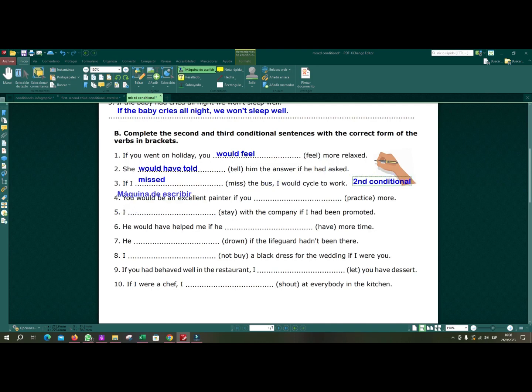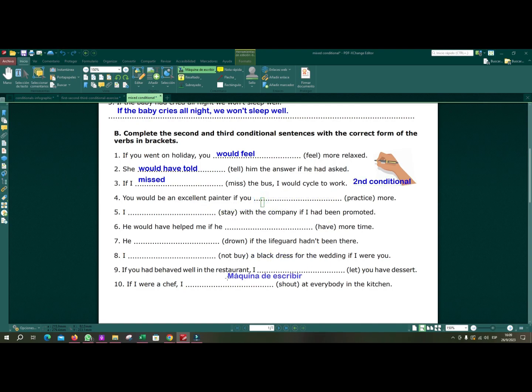So that will be the second conditional. Simple past in the if clause, and in the main clause, you're going to have would plus the infinitive, okay? Nice. Okay, Mr. Rohmin, thank you.